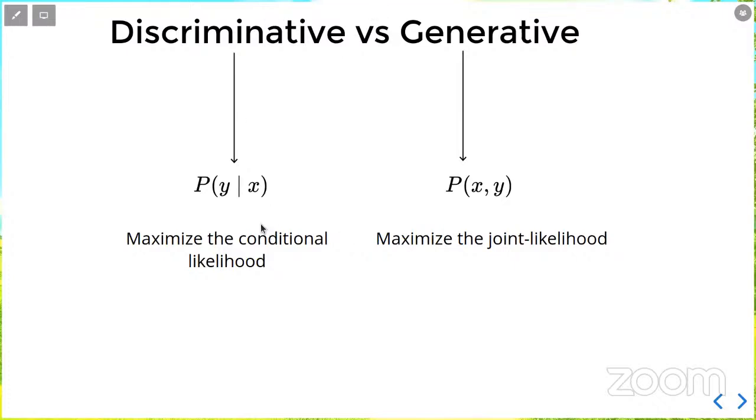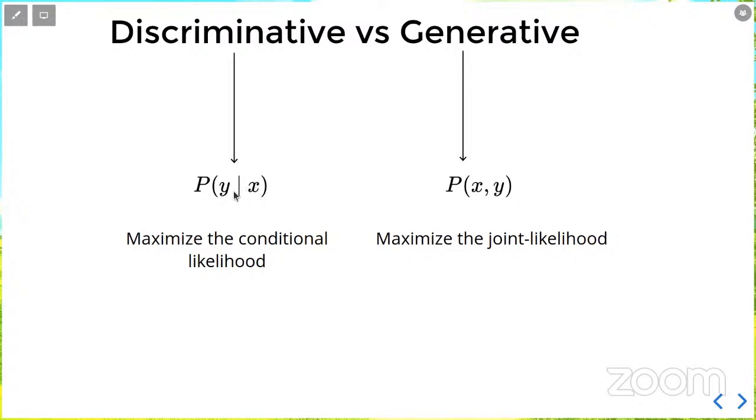Okay, so we begin week 6. What we have been looking at so far, logistic regression, is a kind of discriminative model. When we say discriminative, what we mean is we try to model the conditional probability of the label given the data point.